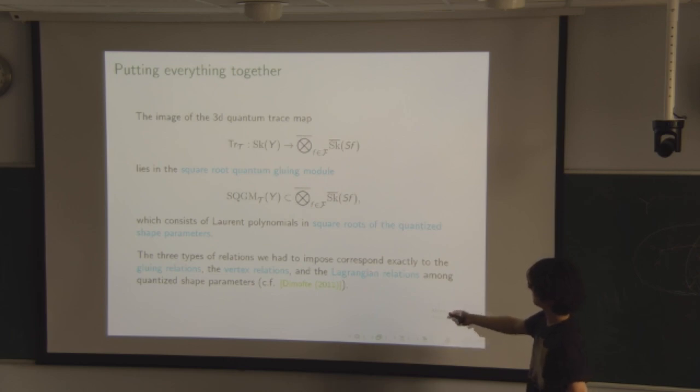So we have constructed a map from the Kauffman bracket skein module of Y to the square root quantum gluing module of Y, which consists of Laurent polynomials in square roots of the quantized shape parameters.